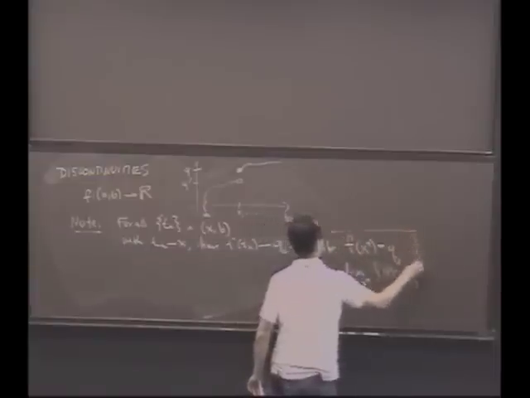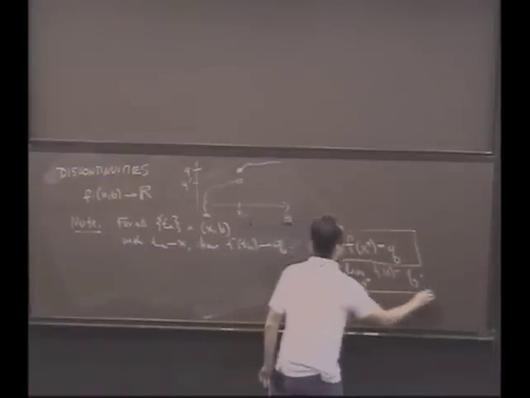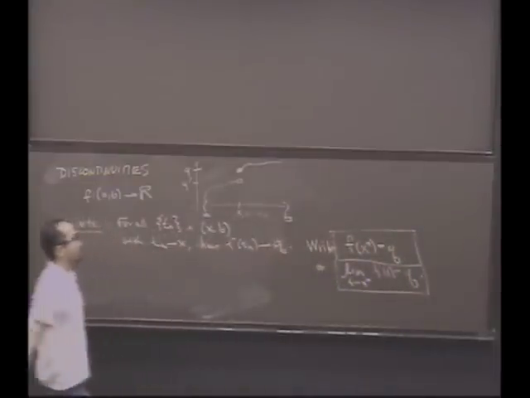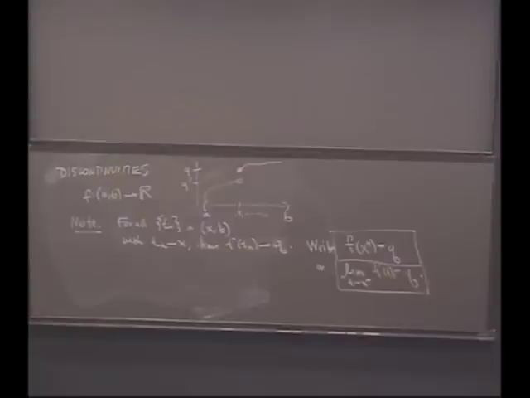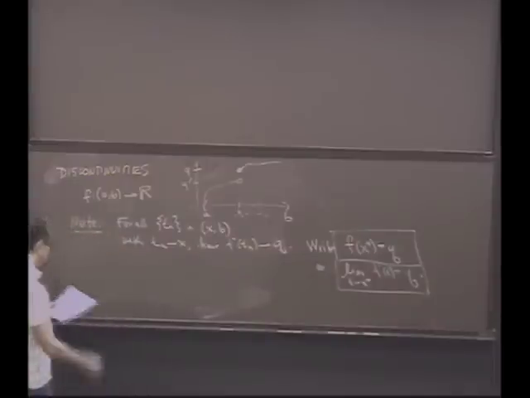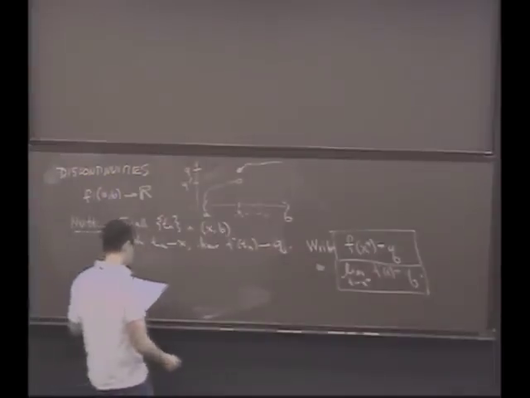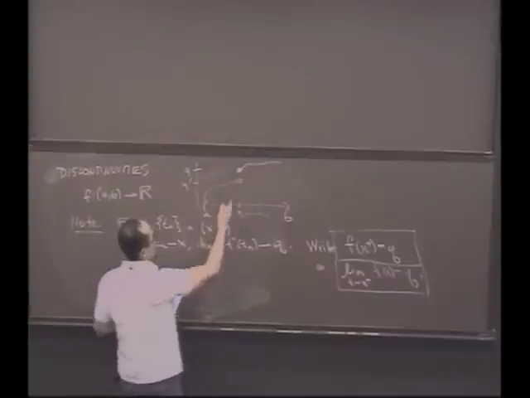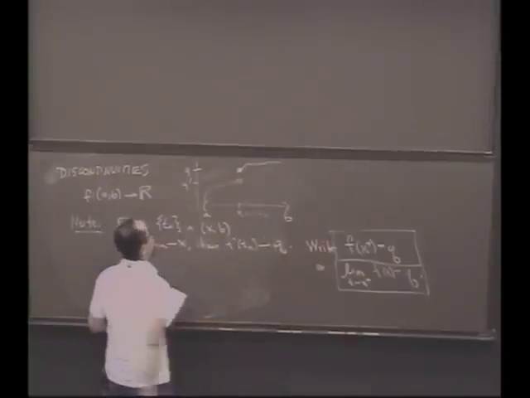Okay, so we'll have a notation that describes what's happening here. So this thing actually has a right-hand limit, but it doesn't have a limit. But if it has a right-hand limit, then we'll use this notation.